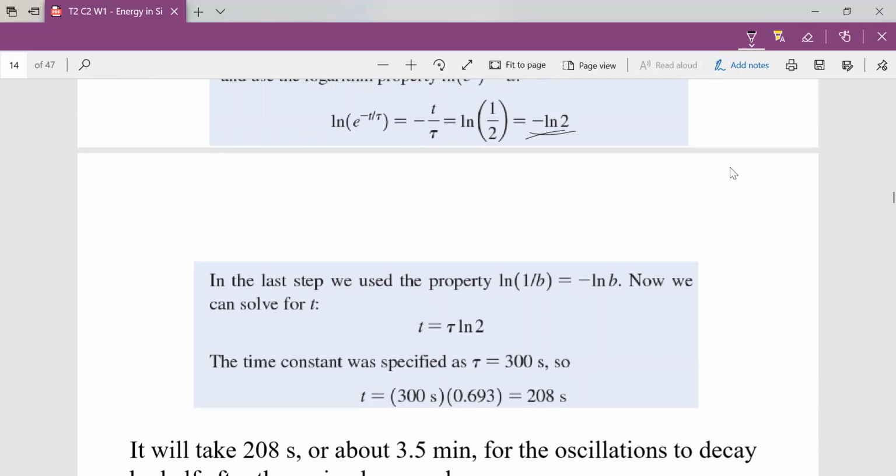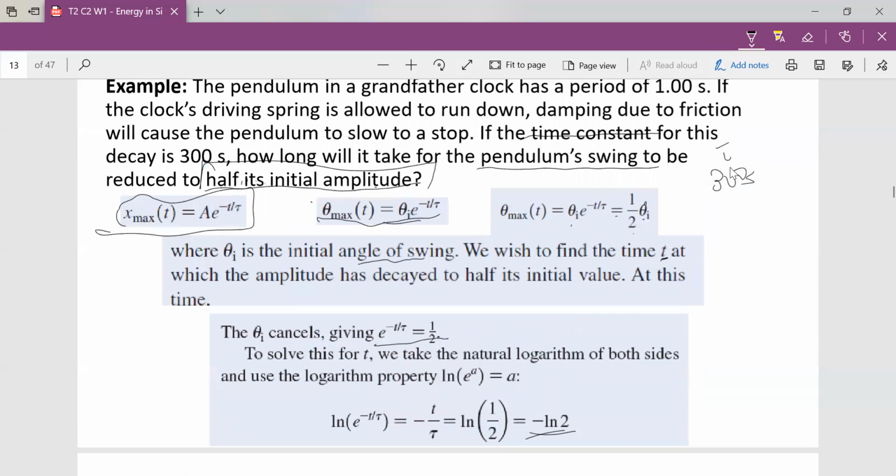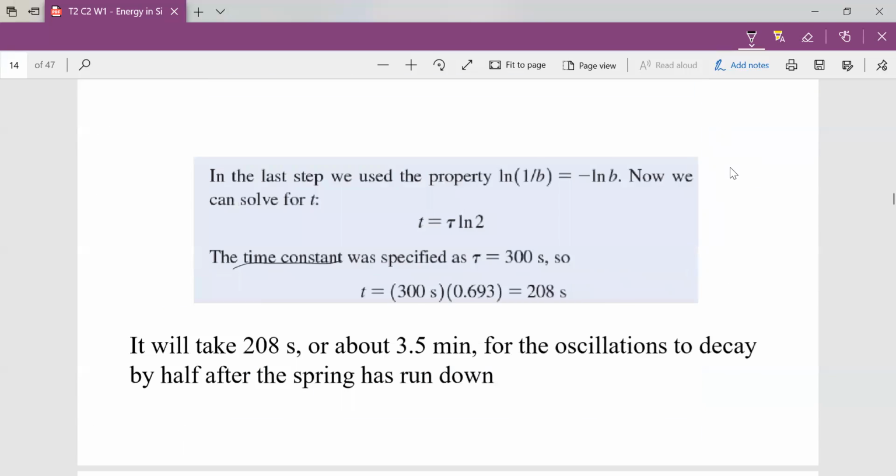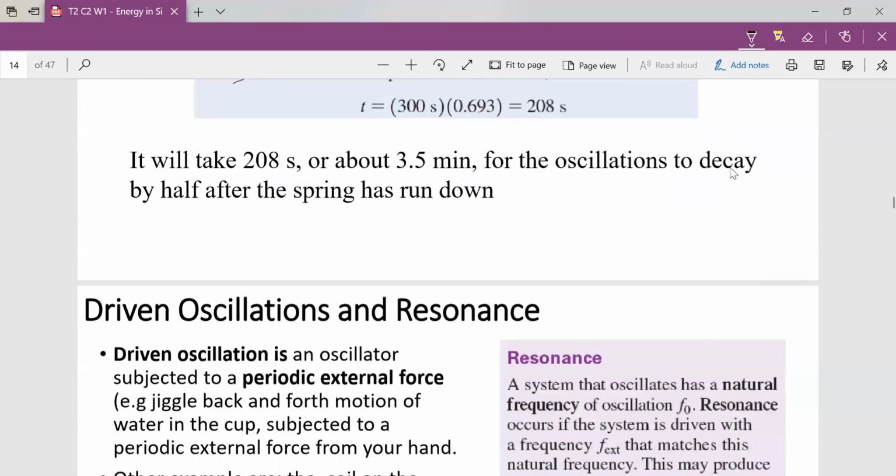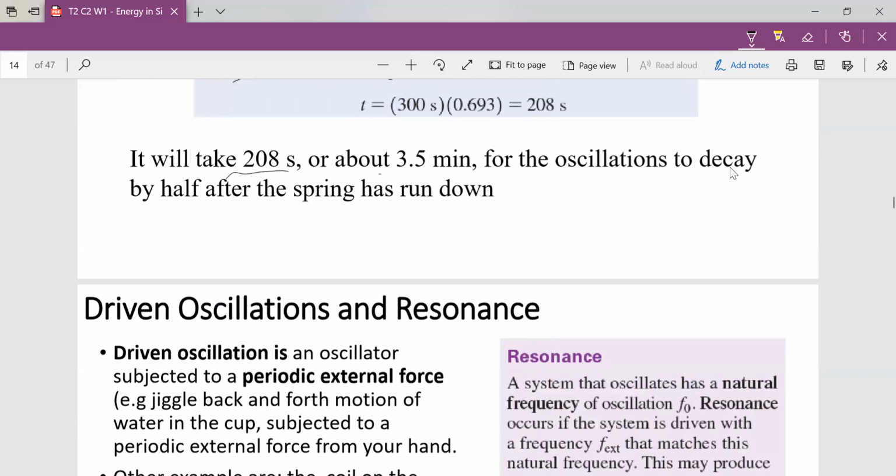Multiply that, because it is specified that the time constant is 300 seconds, with the information of the t we got, to get 208 seconds, which is the time it took for them to get to half of the amplitude. Okay. So converting this to minutes, that's about 3.5 minutes.